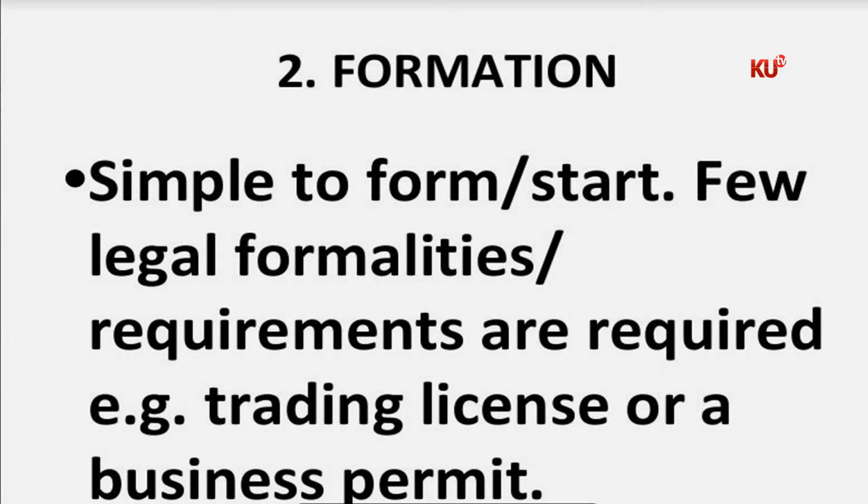For example, to start a sole proprietorship form of business, you only need a trading license, which can be easily gotten from any county government offices next to wherever you want to start your business. You just pop in, pay a few shillings, and get a trading license that would expire at the end of every year.